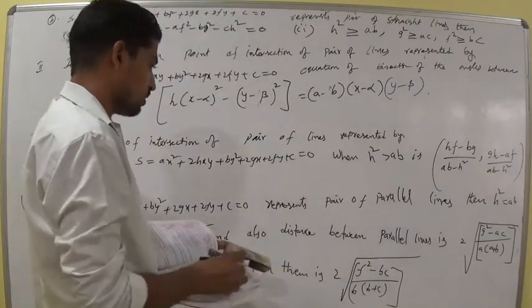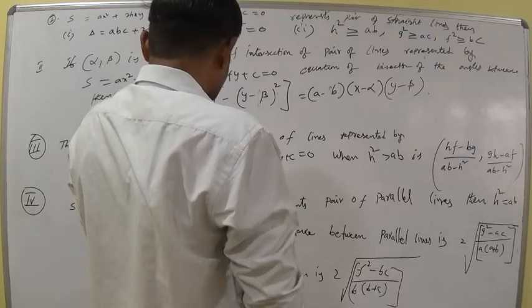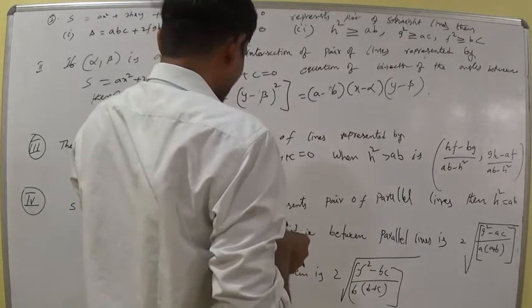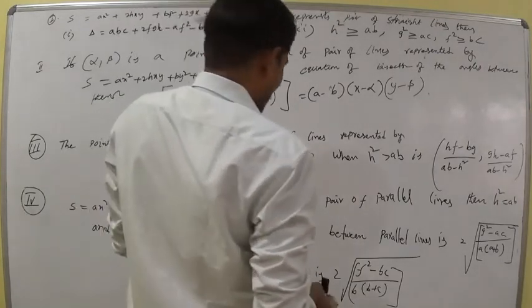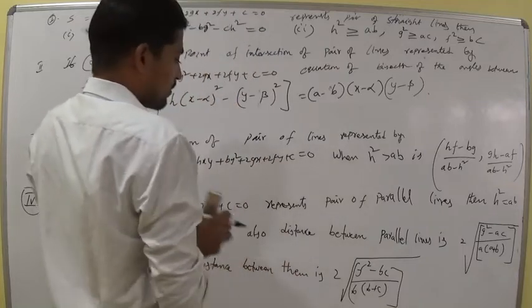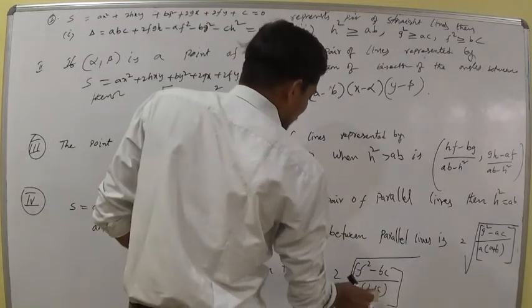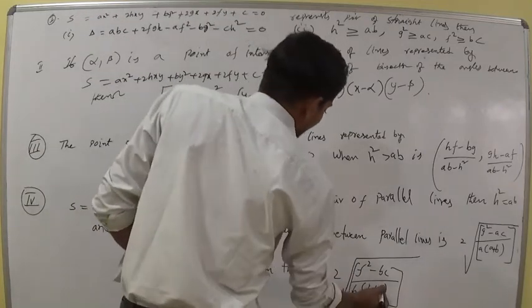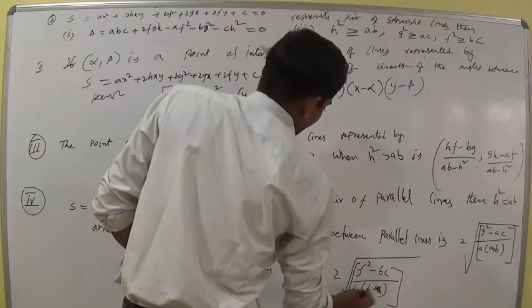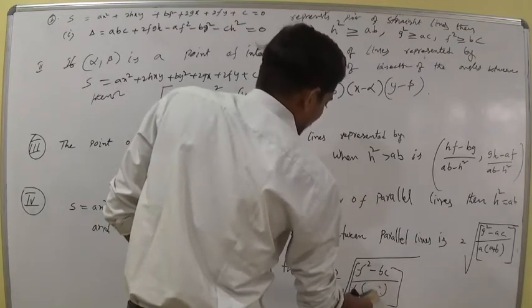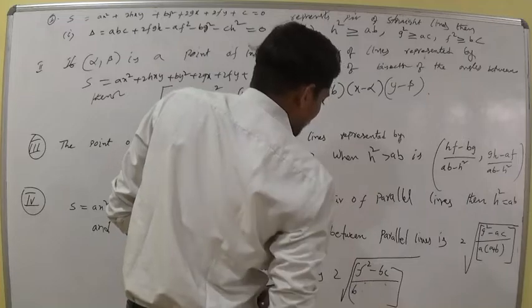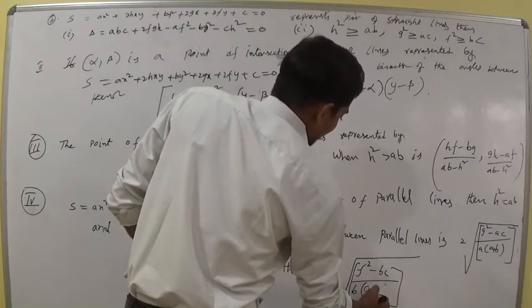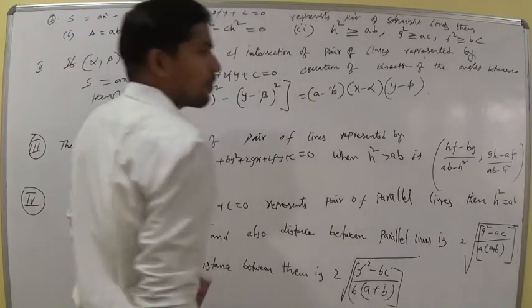So that f square minus bc by, here also we will get the same only, b plus a, not c, b into, that we can read as a plus b also.